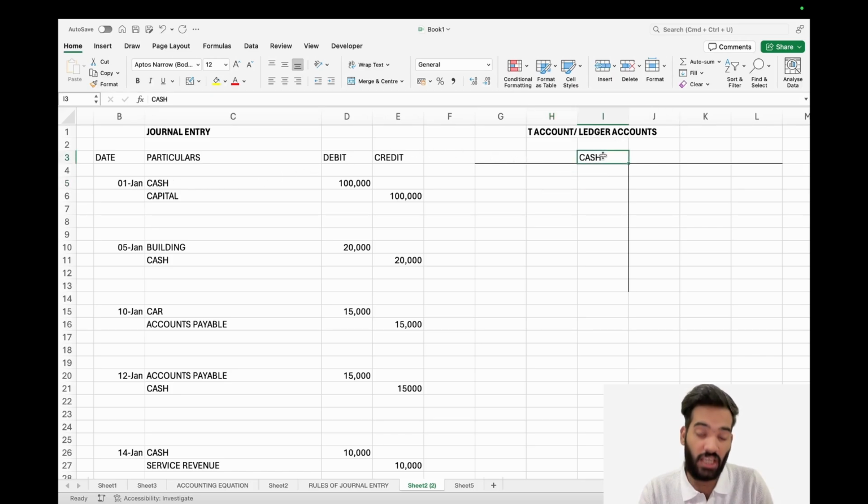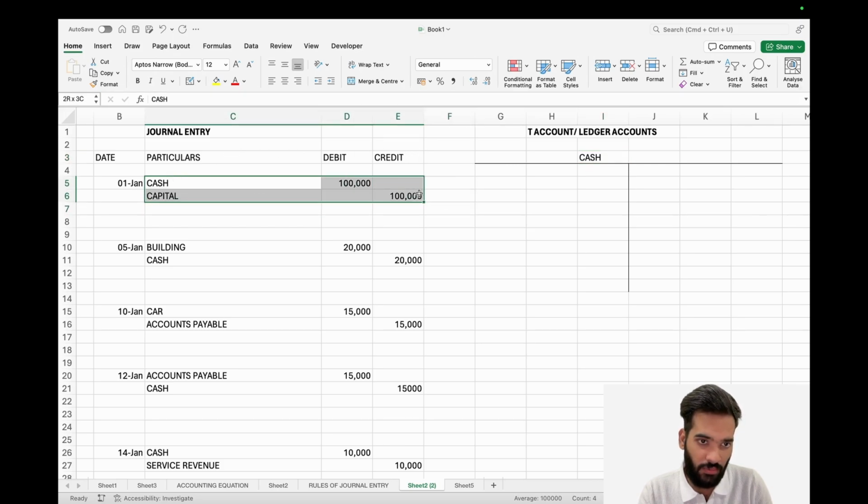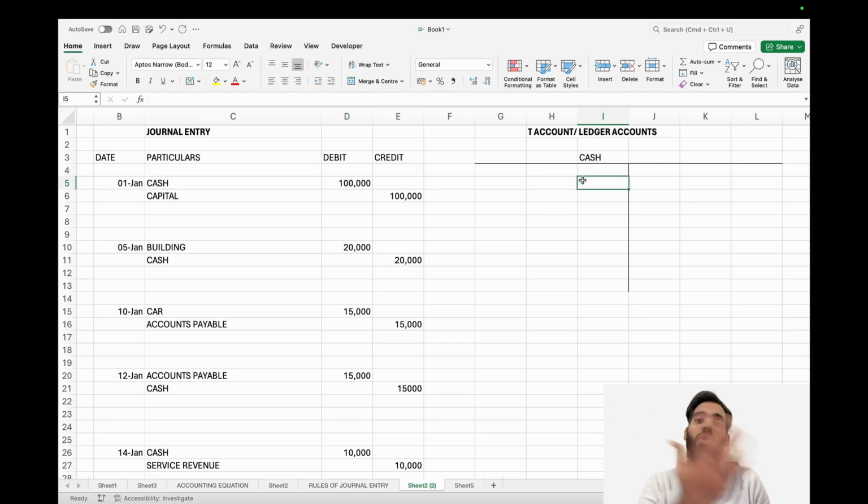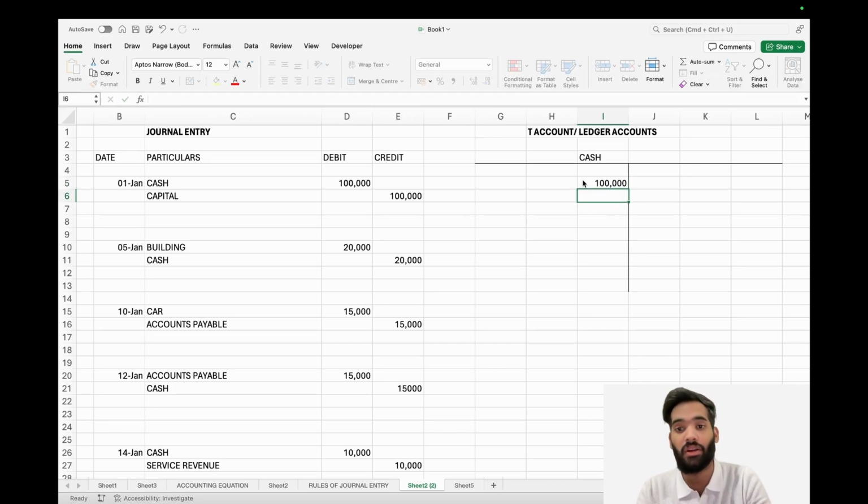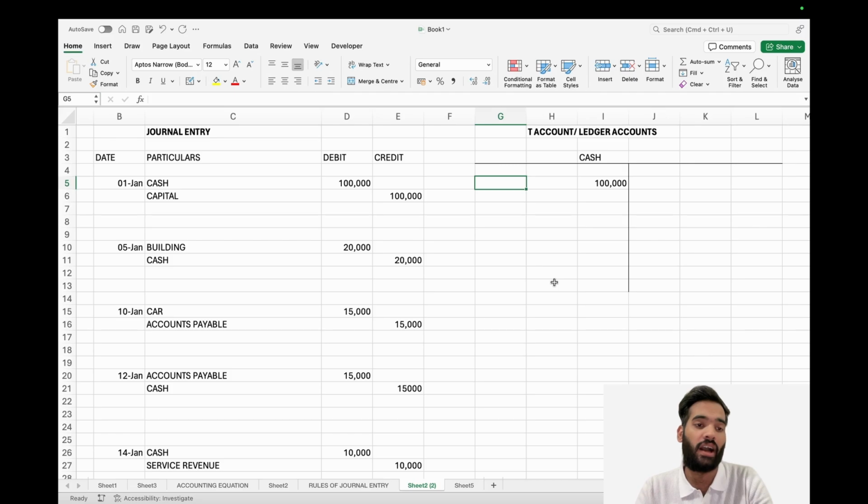Because I'm making the cash T account, I'll look at the journal entry and see if cash is affected. In the first one, yes, cash is affected. Is cash a debit or credit? Cash is a debit, so we put it on the debit side. Yes, the left side is the debit side, the right side is the credit side. That's always how accounting works.